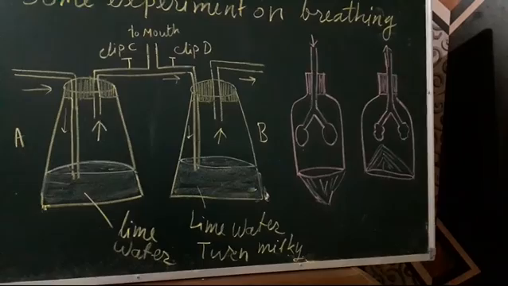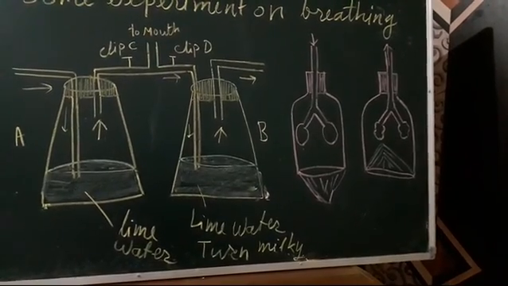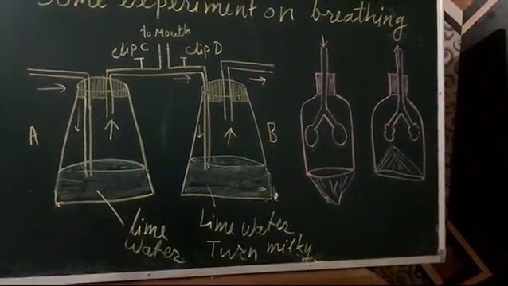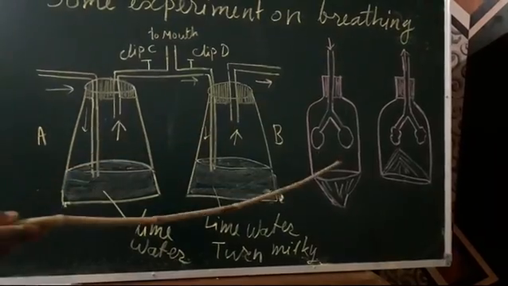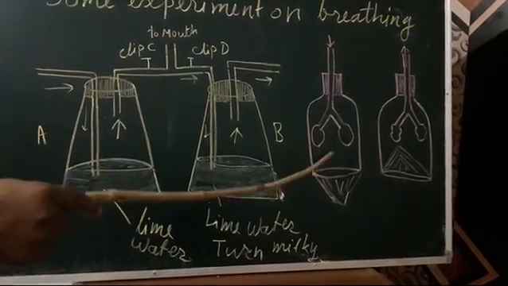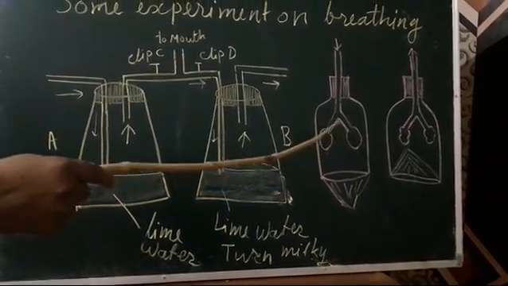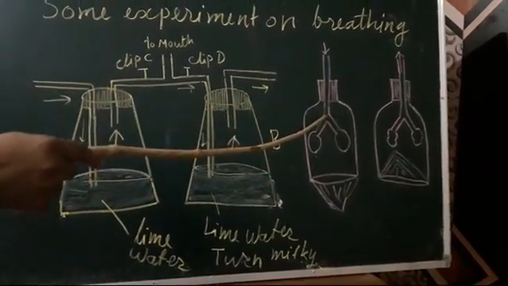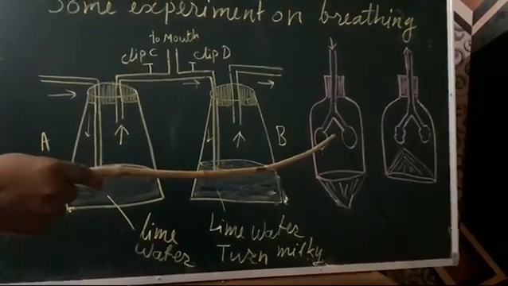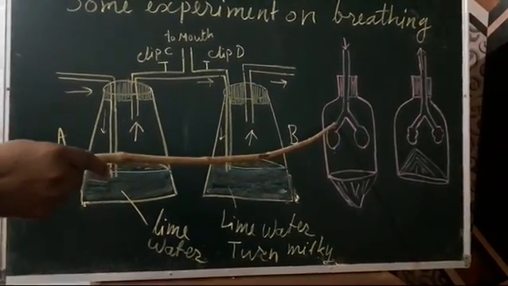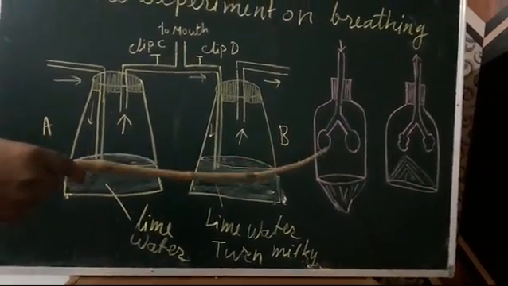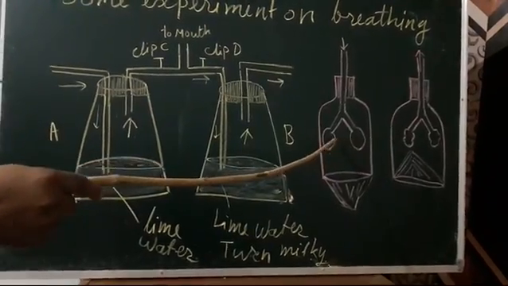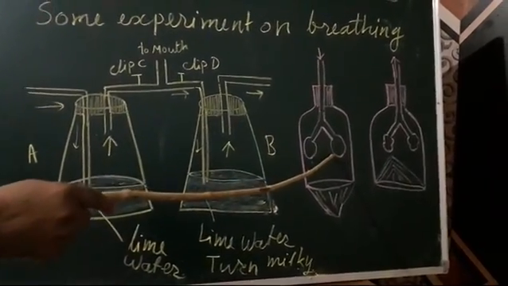Next, to demonstrate the action of the diaphragm during breathing. Here you can see the apparatus. A glass bottle is taken and a bifurcated, or Y-shaped, tube is inserted with a balloon tied here, which represents the lungs.